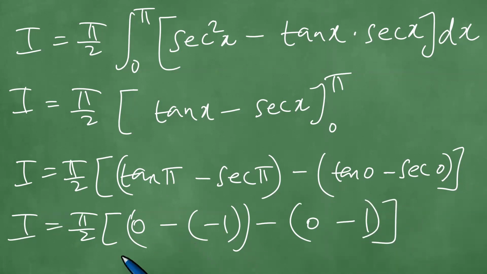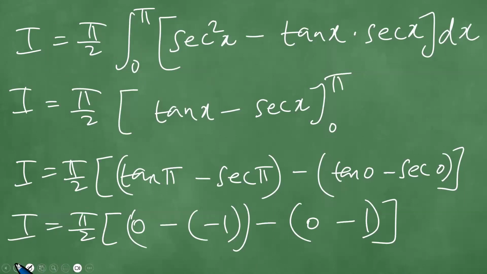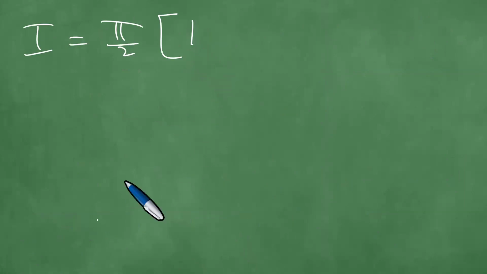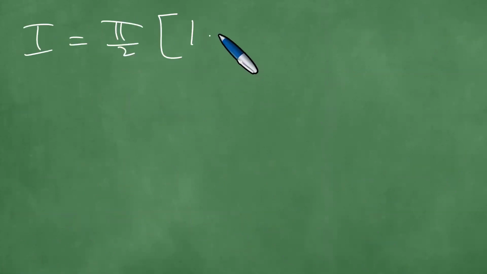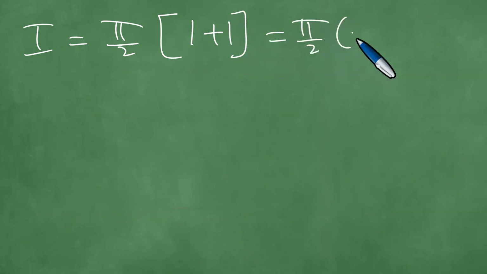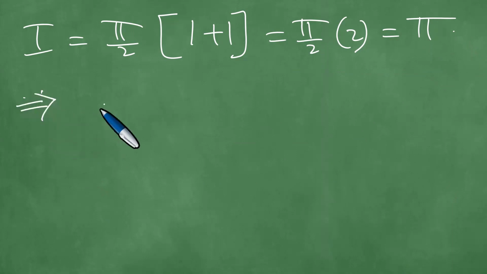So I equals pi over 2 times, and this negative negative is positive, which becomes 1, and the other negative negative is plus, which becomes 1. Which is pi over 2 times 2, which is equal to pi. And this means that I is equal to pi.